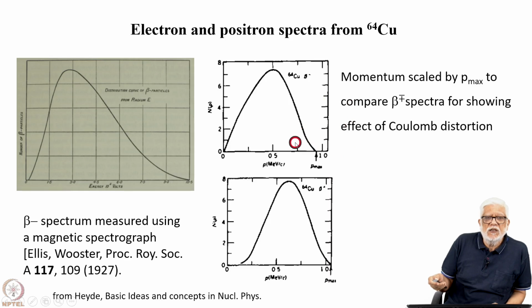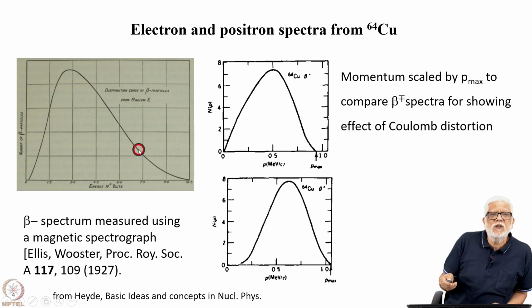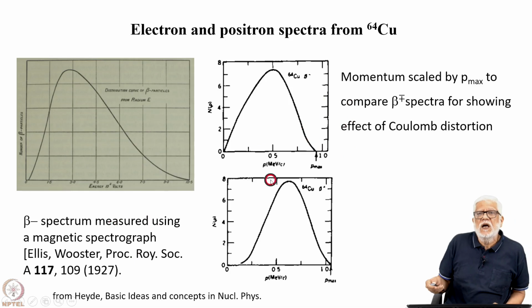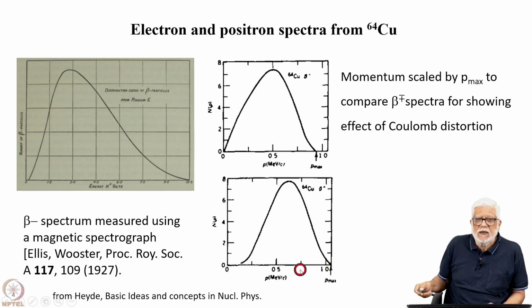Of course, this was, I think, radium E, not copper 64, but these two spectra are in the case of copper 64, the E minus spectrum and the E plus spectrum, and the x-axis is of course normalized to the maximum value that it can have in that particular decay. So it's 0 to 1 basically.